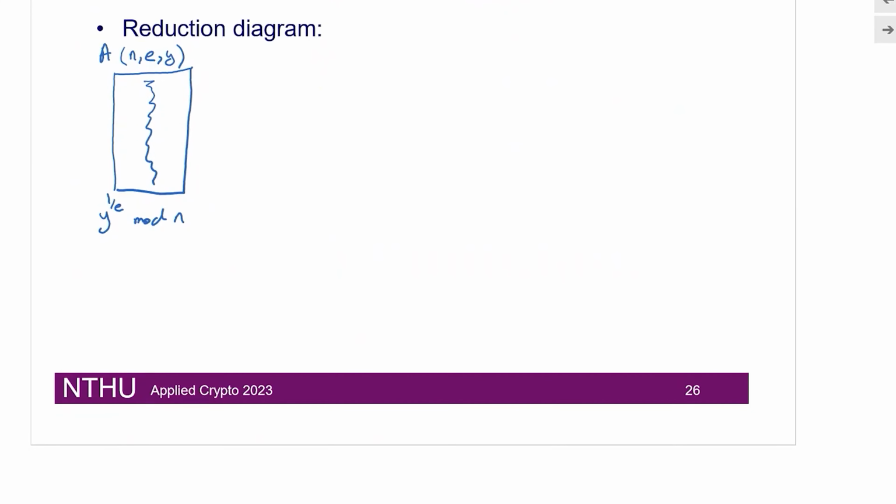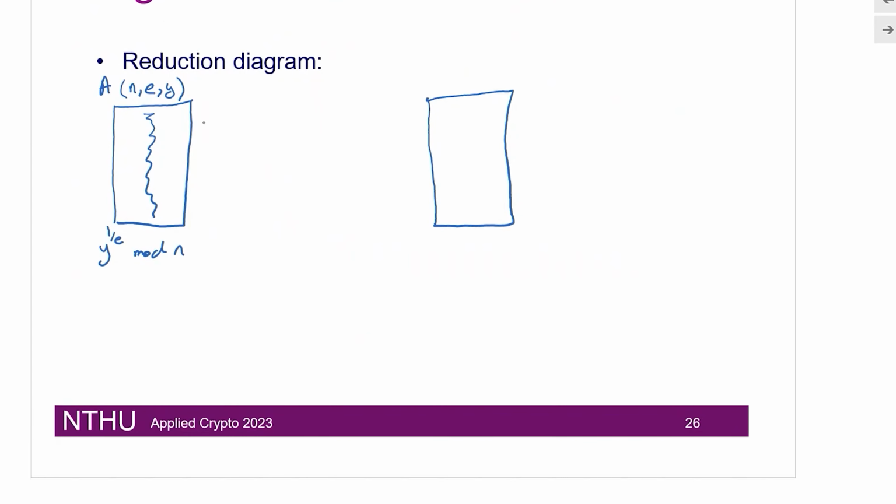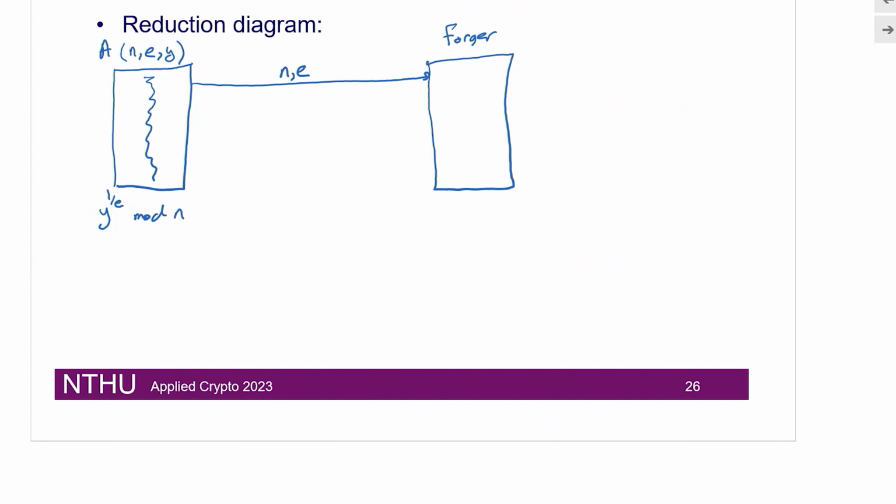So the idea is that we are reducing this to the RSA signature problem. We pass our N and E, the public key, to this forger, right?